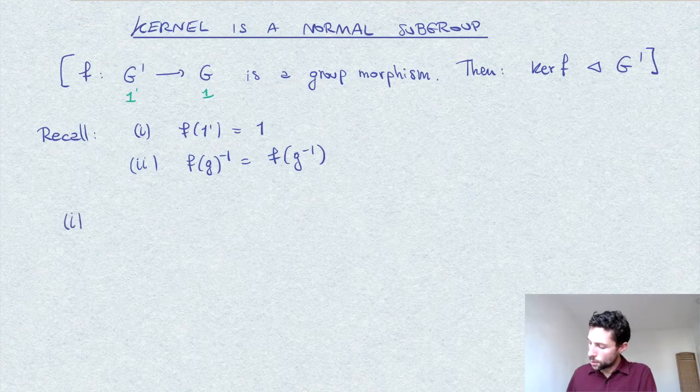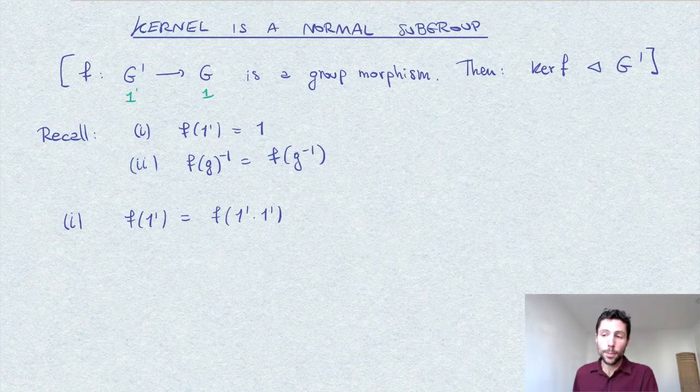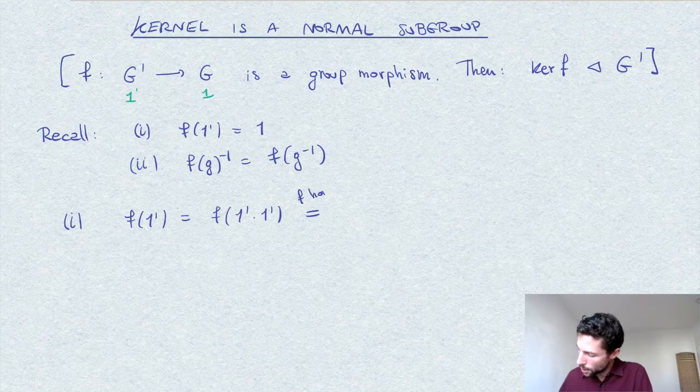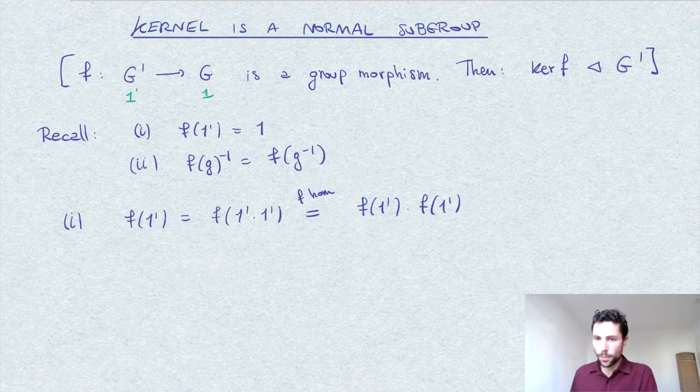So why is this so? For 1, we can, for example, write f of 1 prime as f of 1 prime times 1 prime, the identity element times itself, and then apply the definition that f is a homomorphism. So this has to be written as f of 1 prime times f of 1 prime.